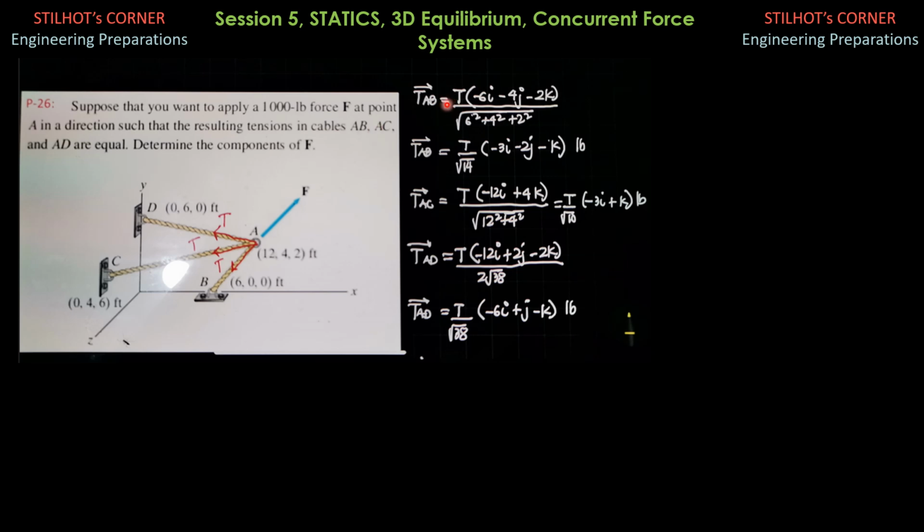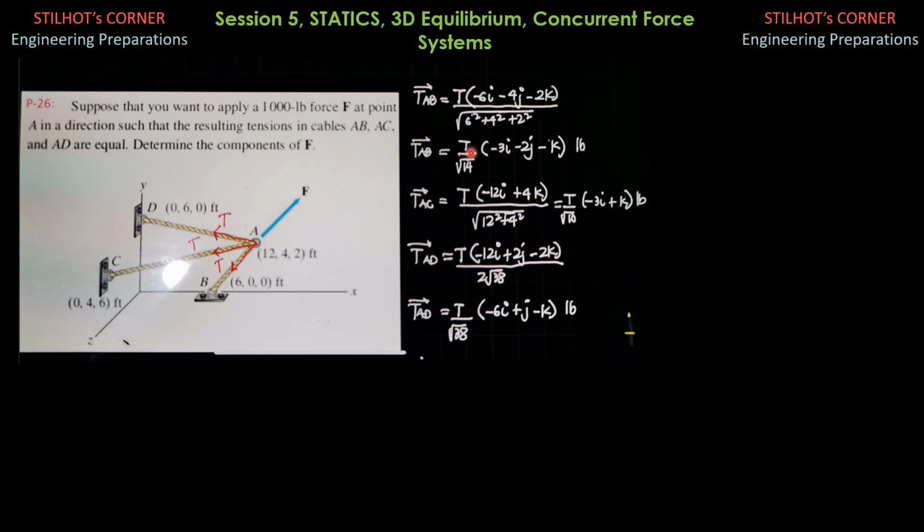So first, let's express the tension in AB in vector form, in terms of the magnitude T. The direction of TAB is 6 minus 12, so negative 6i, 0 minus 4, negative 4j, 0 minus 2, negative 2k, all over the square root of 6 squared plus 4 squared plus 2 squared.